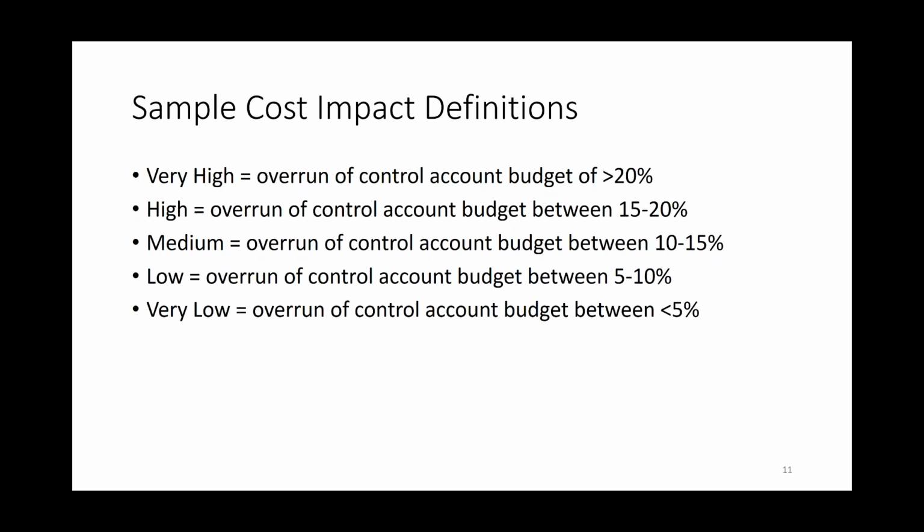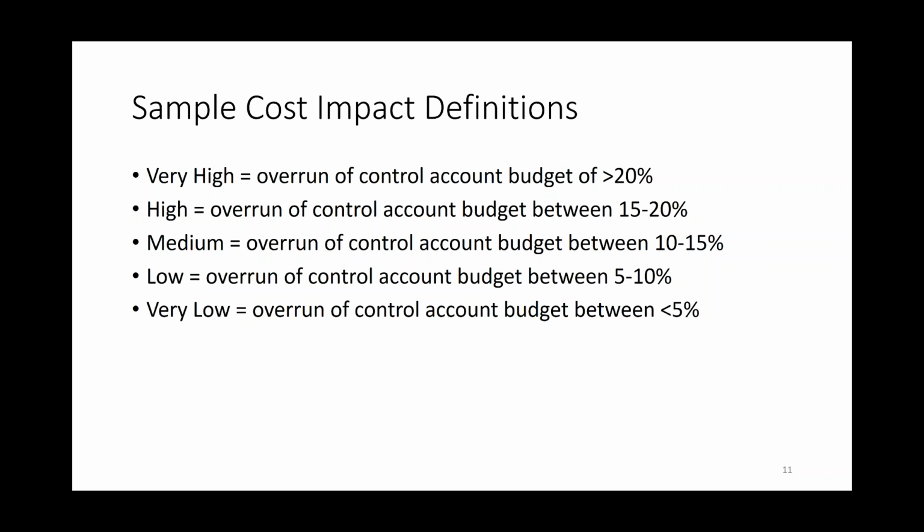So let me give you some examples for schedule. Remember that every single overrun on schedule, they're additive. There's a couple things on schedule. The first thing is you want to look at schedule, like, is it on the critical path? So maybe a very low impact on schedule would be uses some float for an activity not on the critical path.